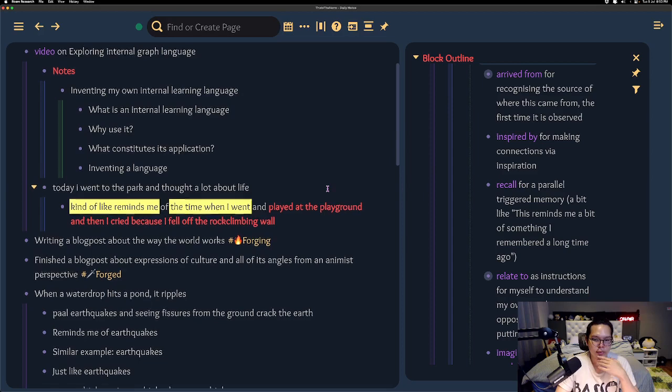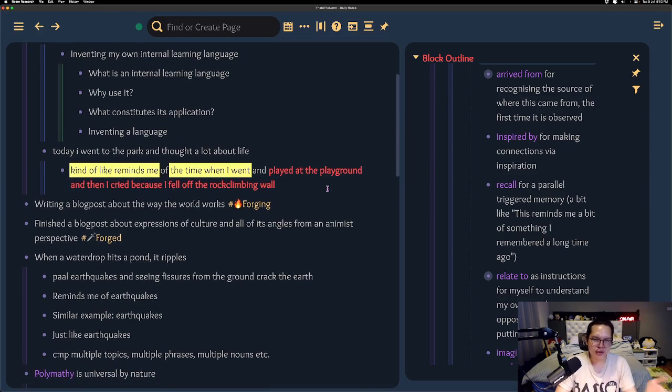And normally we have a lot of features in any note-taking app that can help us with this, but sometimes writing it down specifically with intention really helps the future you when you're going back and reading all these notes.